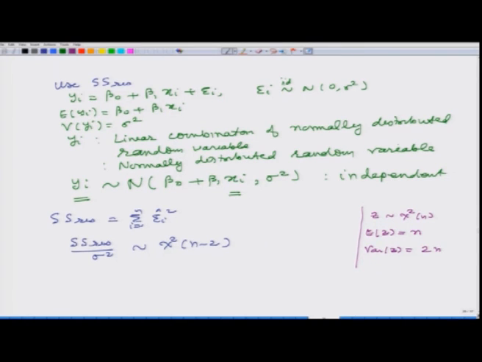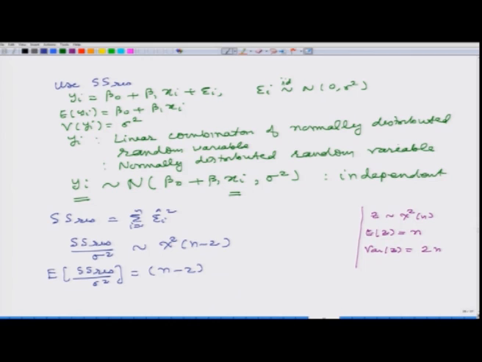So, if I find the mean of this quantity, the expected value of SS res divided by sigma square, which follows a chi square distribution with n minus 2 degrees of freedom, its mean is going to be n minus 2.